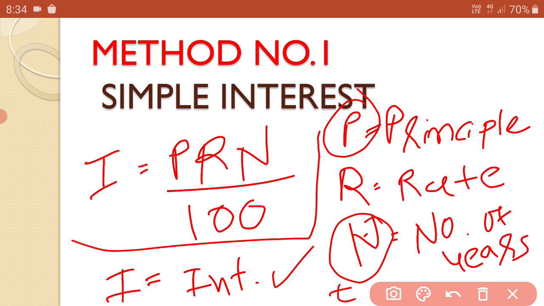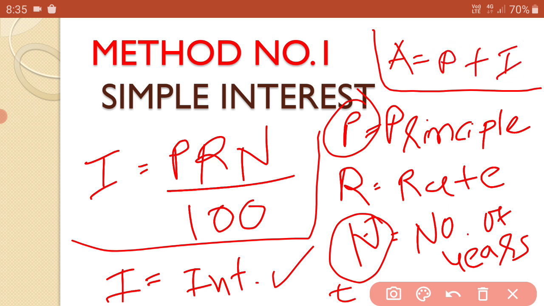The aggregate of principal and interest after n years is called amount. When the question asks to find the amount, meaning with interest, the formula is A is equal to P plus I, principal plus interest.